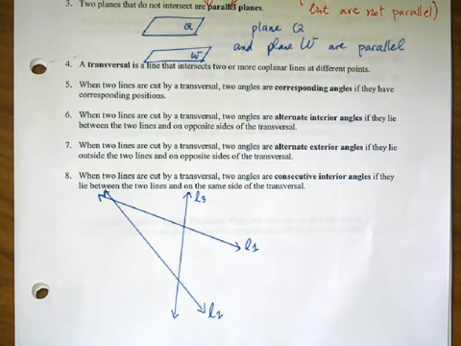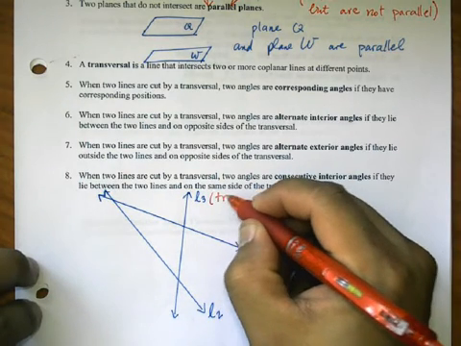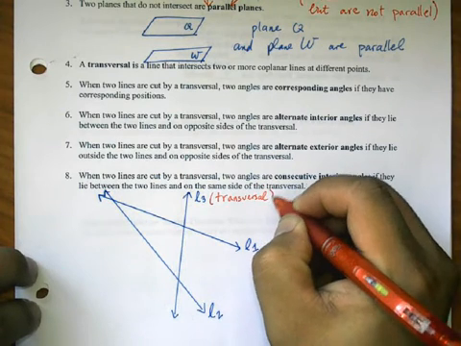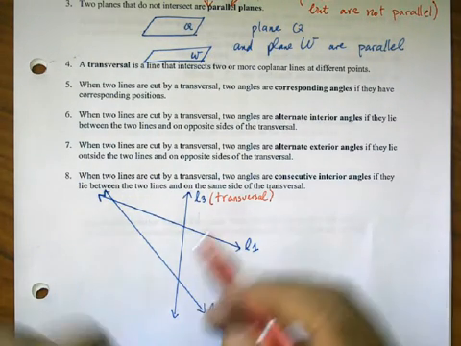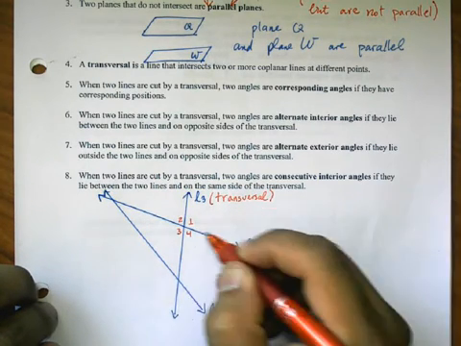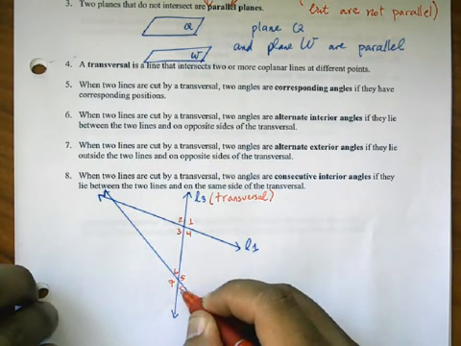Now, in order to talk about the rest of these definitions, we have to name one of these lines the transversal. So I'm going to name line 3. We don't have to name it this way, but I'm going to. So now we can look through these definitions. Oh, I'm sorry. I'm also going to number these angles: 1, 2, 3, 4, 5, 6, 7, 8.